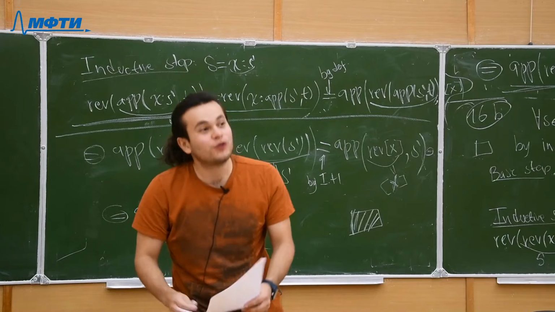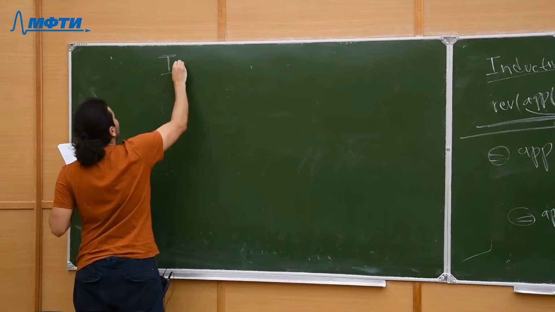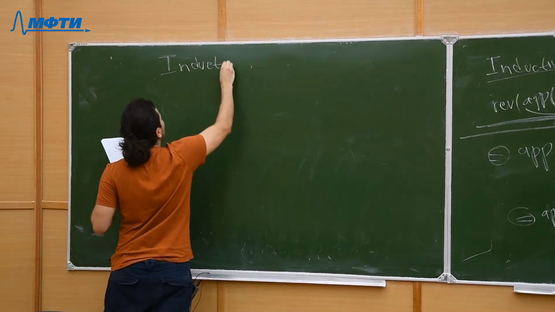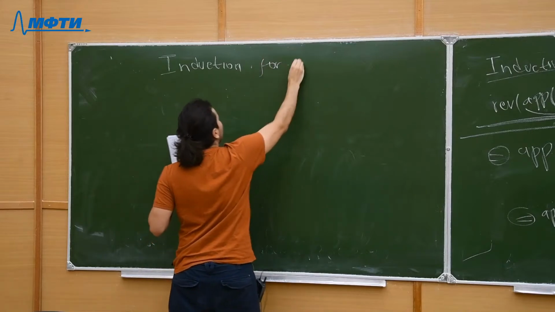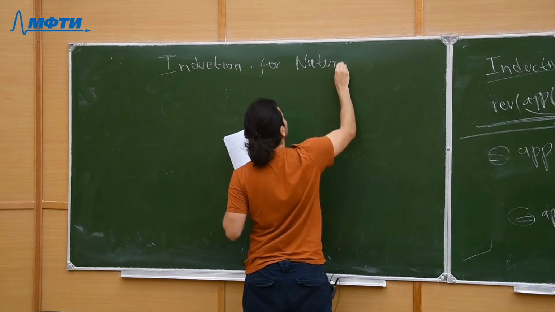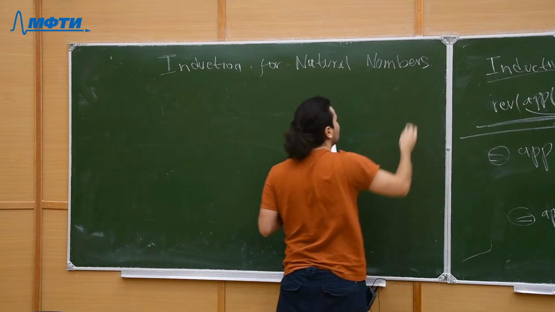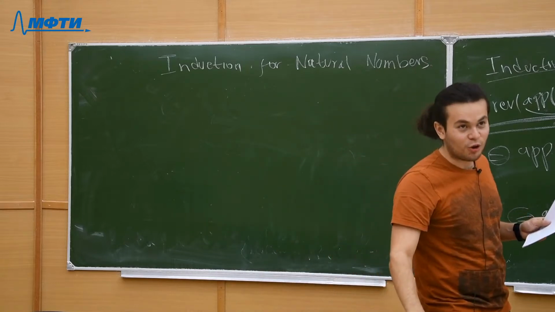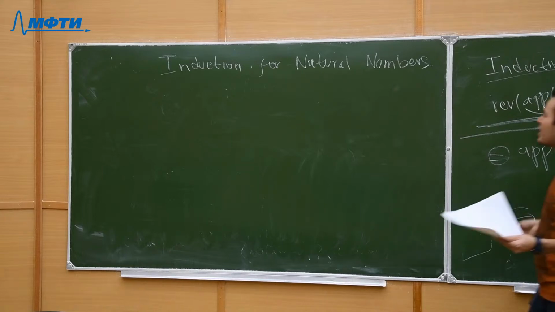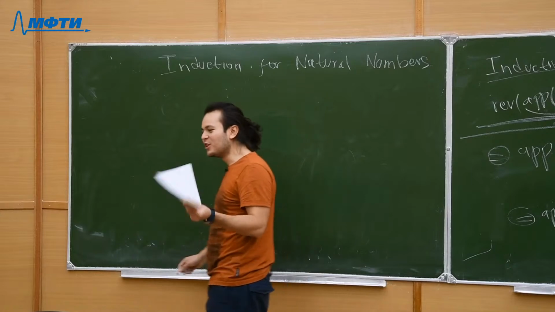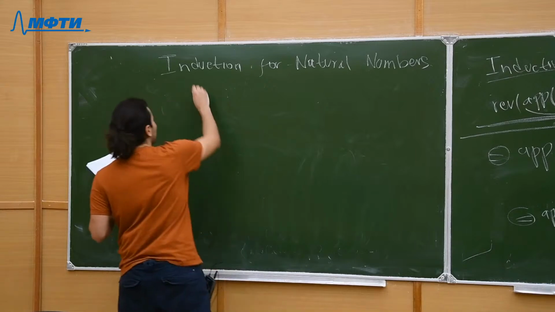So you talked about induction for natural numbers. Yes? Now you remember? Good. So what is the set of the natural numbers? We still don't know what a set is and everything, but by intuition we know that.